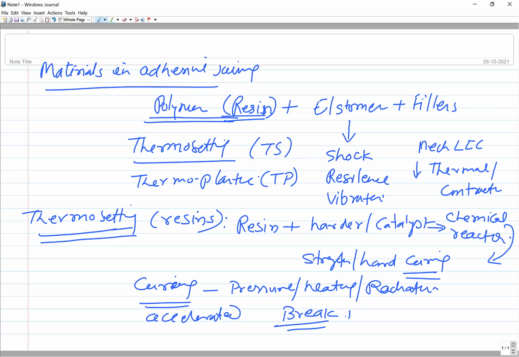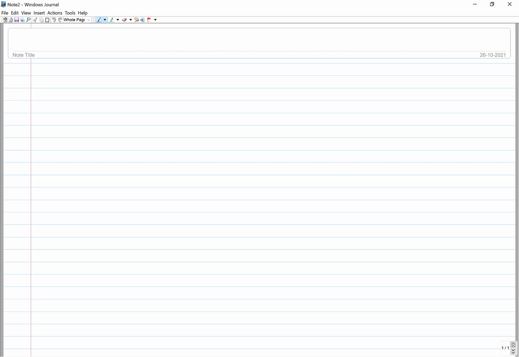Once it is broken, even after heating, you cannot develop the joint again. So this is a non-reversible process of chemical reactions, which happens in one way only. Once the joint has been developed, after fracture or breaking of the joint, you cannot remake it using heating. That is the simple point.